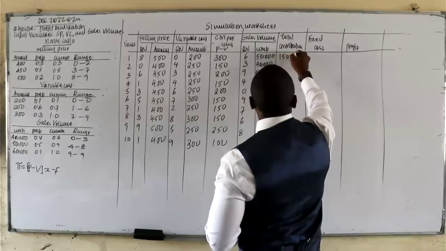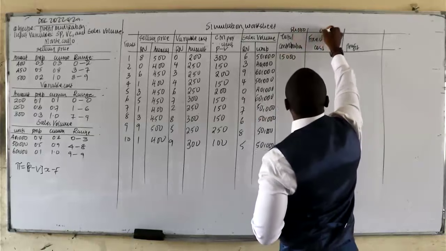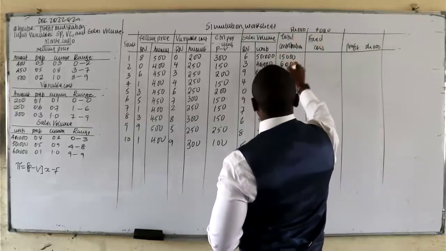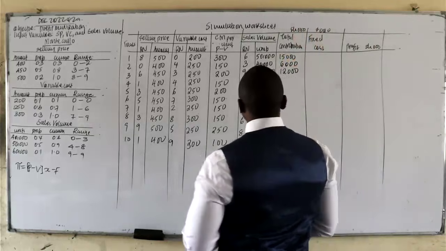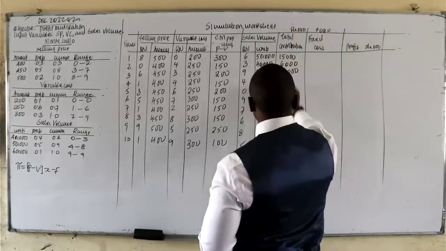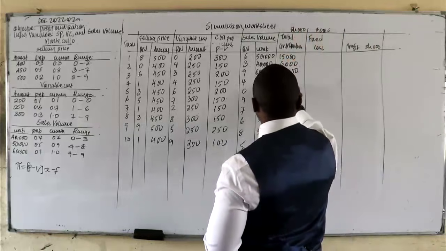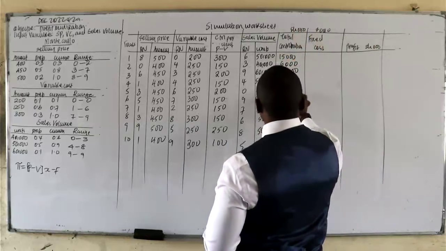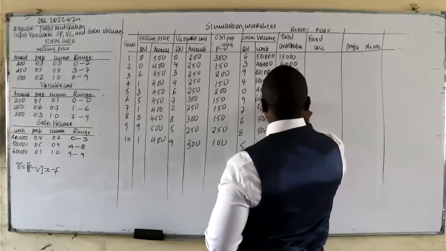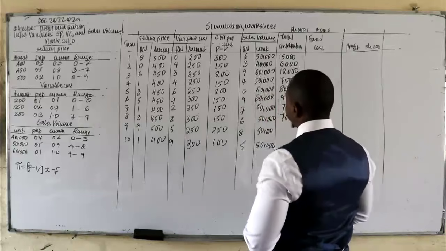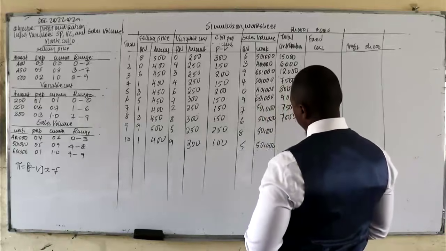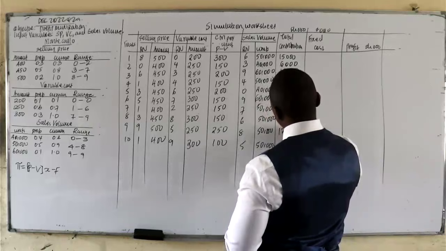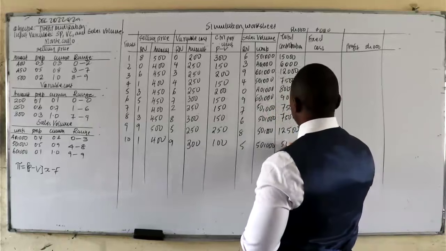Yes, 15 million. 6 million, 12 million, 7.5, 250 and 50. 12? 0.5. This is an amount of 5 million.